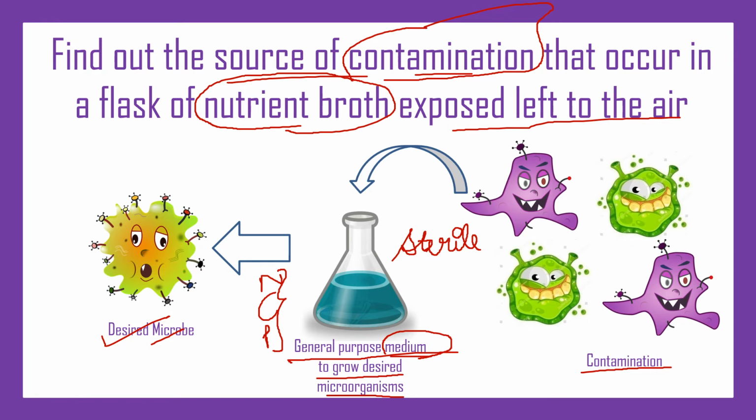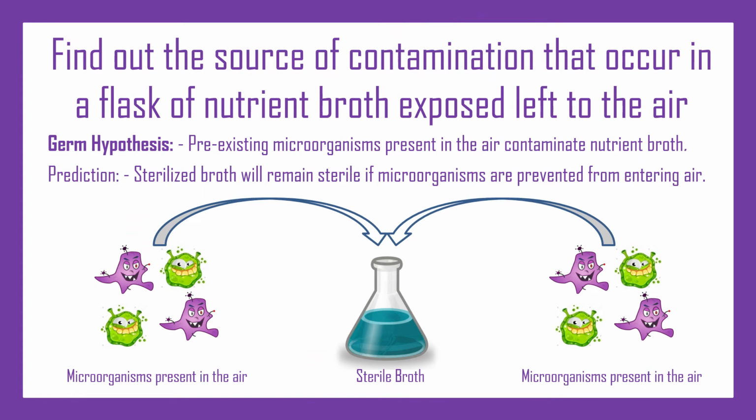But what happens is sometimes contamination may occur in this medium, and we have to find out the source of contamination, that from where this contamination could come. Okay. Next is we have hypothesized. What we have hypothesized is that pre-existing microorganisms present in the air contaminate nutrient broth, and this hypothesis is called the germ hypothesis.